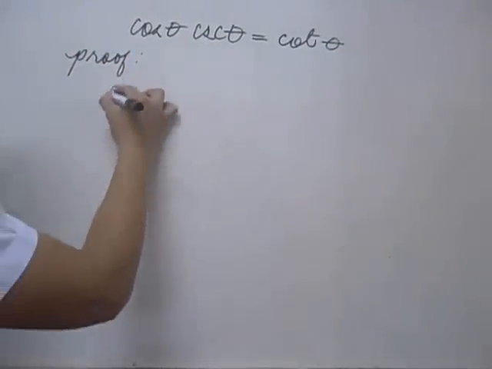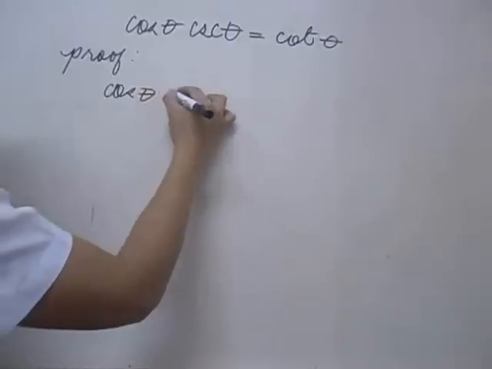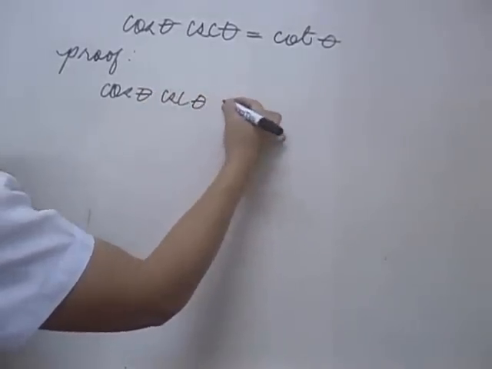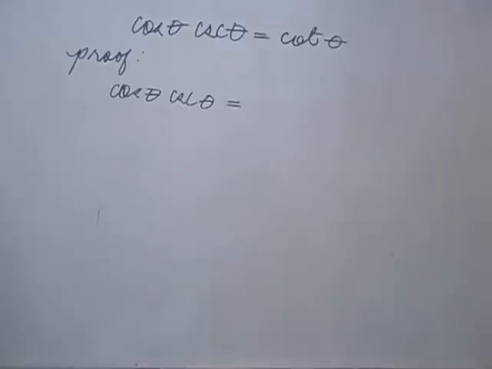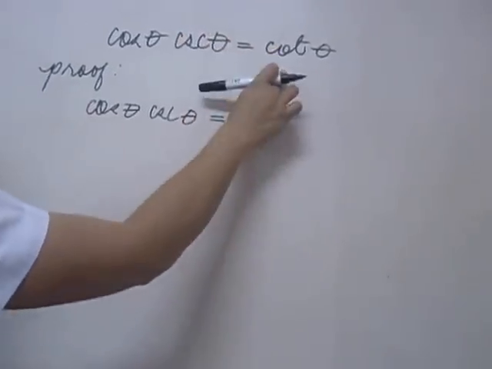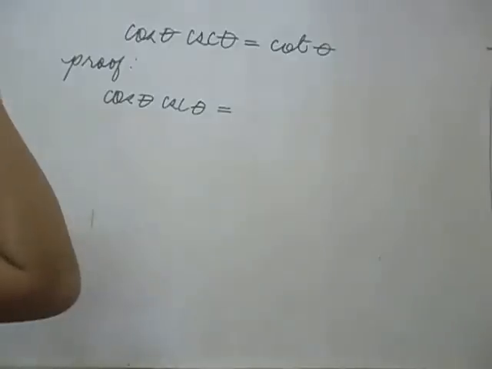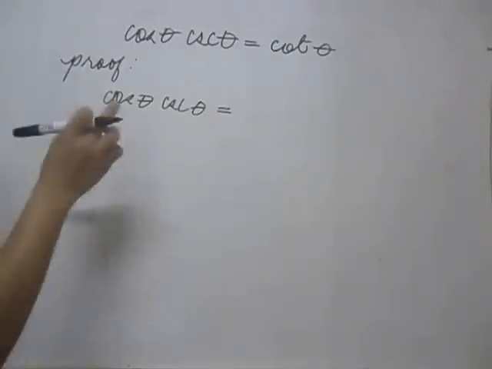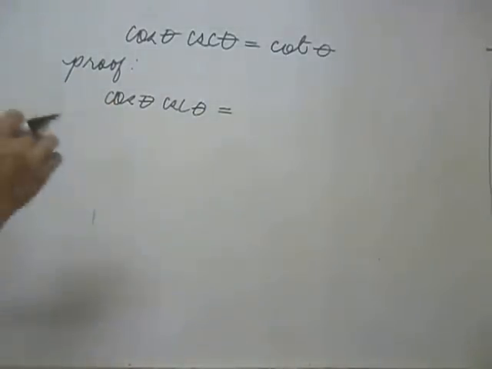We copy cosine theta times cosecant theta. In order to prove that this is really equal to cotangent theta, we have to transform this in terms of cotangent theta.